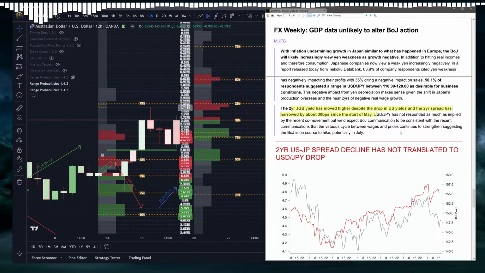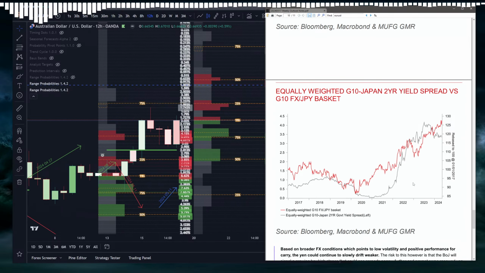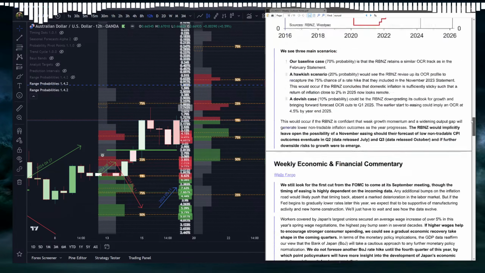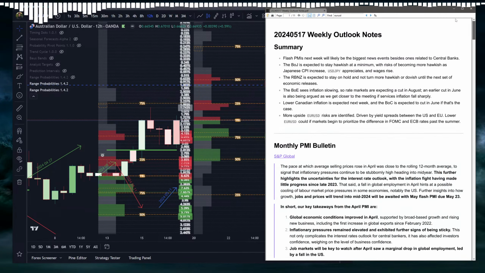A lot of focus on yield spreads from a lot of the outlooks that I read. We'll be going through part of this document. We got a summary up here at the top. I know the thing's 11 pages, but I went through about 60 pages to find the key pieces.